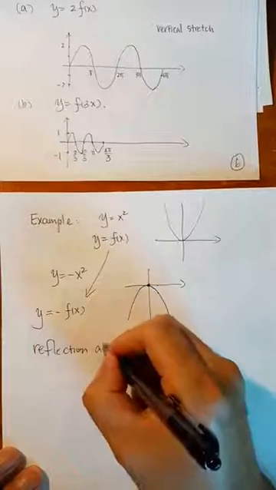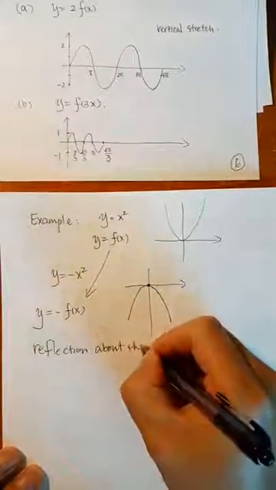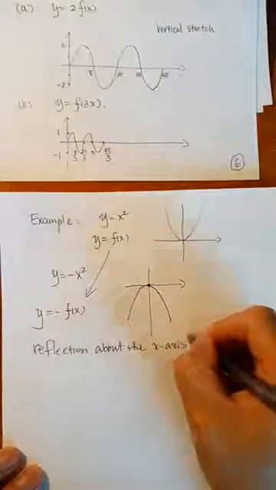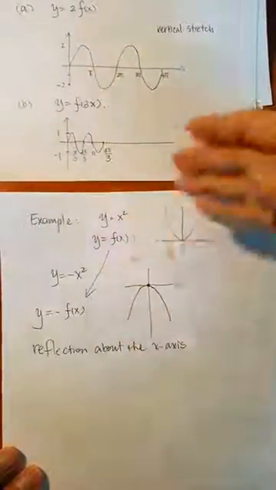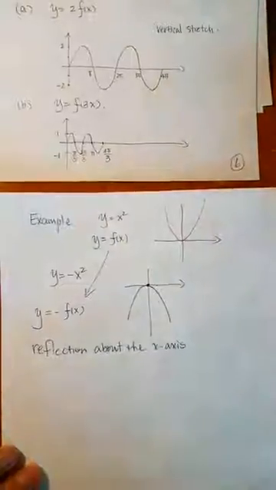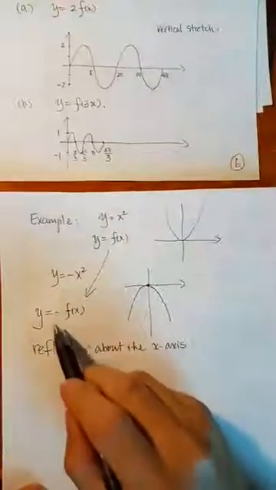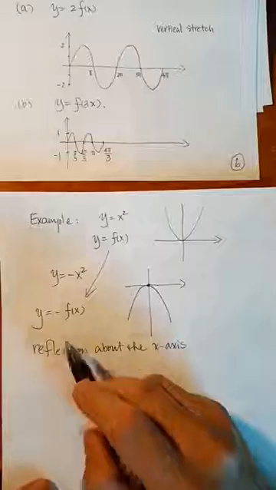You flip it down. So the reflection about the x-axis, if you directly just have negative f(x).